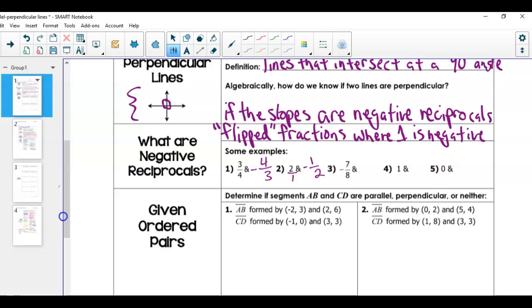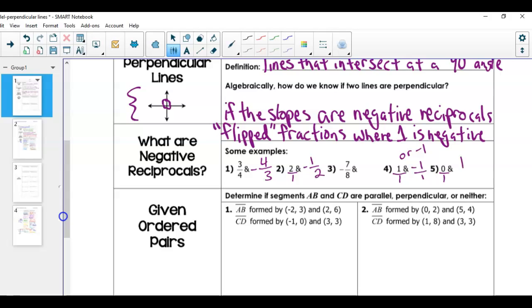I'm going to skip number 3 and I'm going to move to number 4. 1/1 is still 1. So if I flip this, it will still be 1/1. It'll just be a negative 1/1. But for 0, 0/1 is still 0.